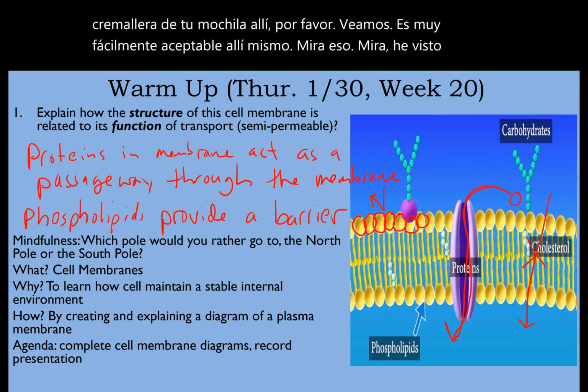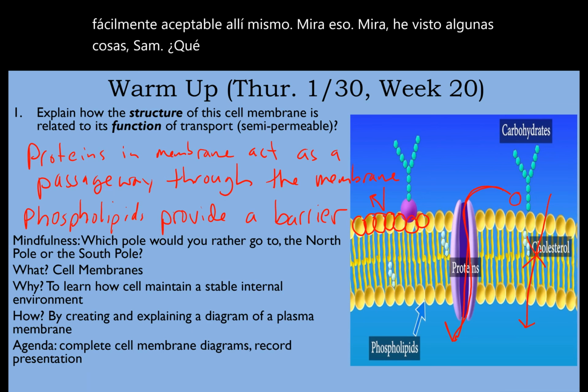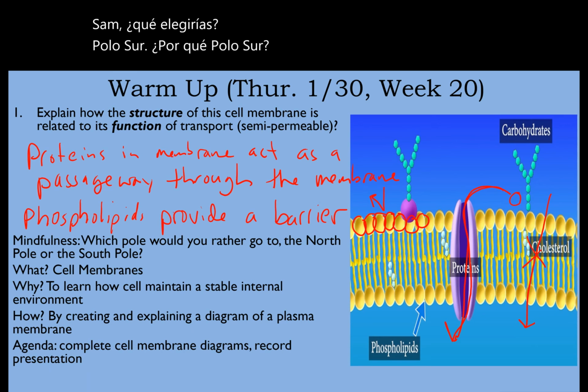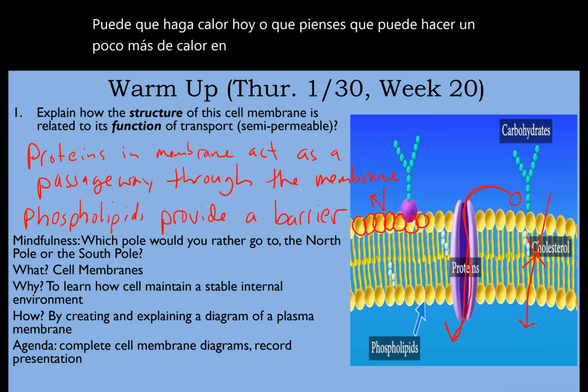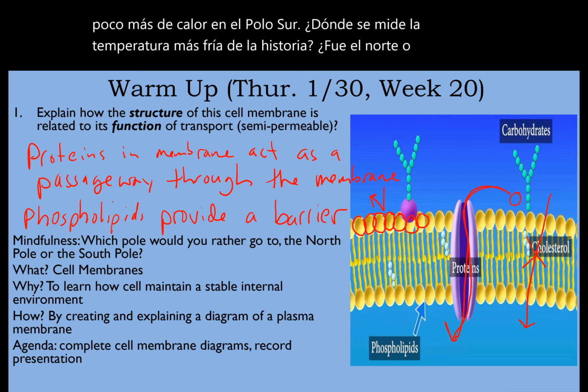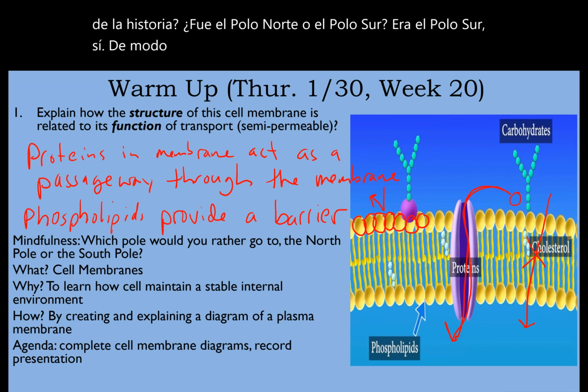Sam, what would you choose? South Pole? Why South Pole? Because it might be warmer over there. Oh, you think it might be a little warmer in the South Pole? Where was the coldest temperature ever measured? Was it North or South Pole? It was the South Pole. Yeah. So I know about that, Sam.